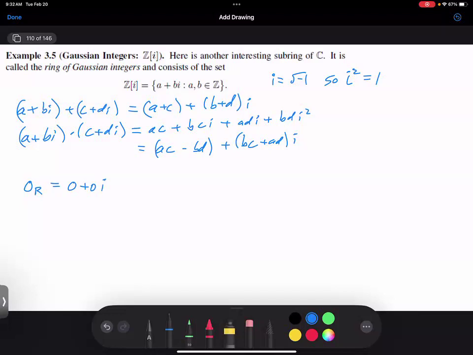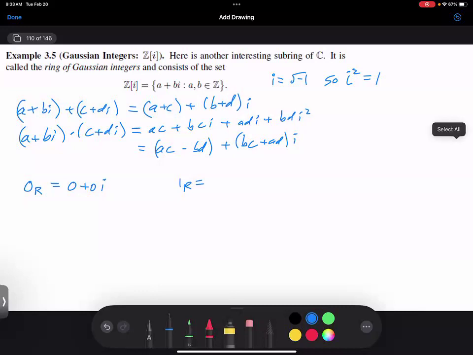And what would the multiplicative identity be? So what do you think the multiplicative identity should be? So there's a typo here.